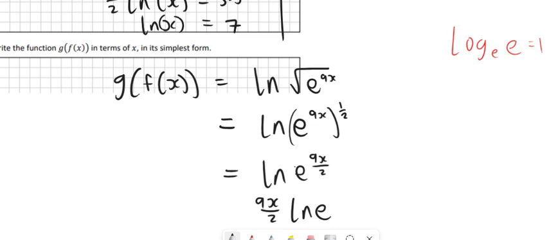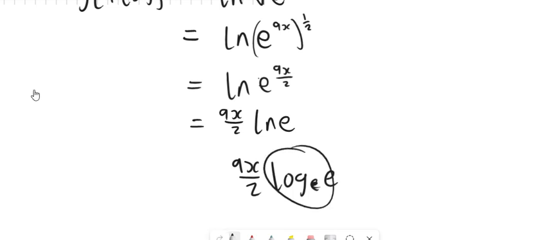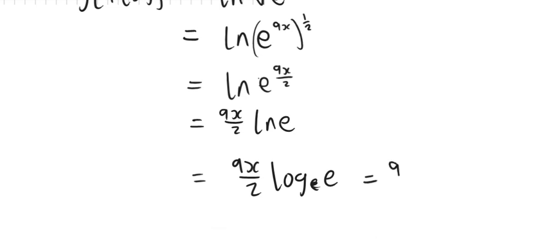And because that thing there is 1, we're just left with 9x over 2. And that's all we had to do for that question.